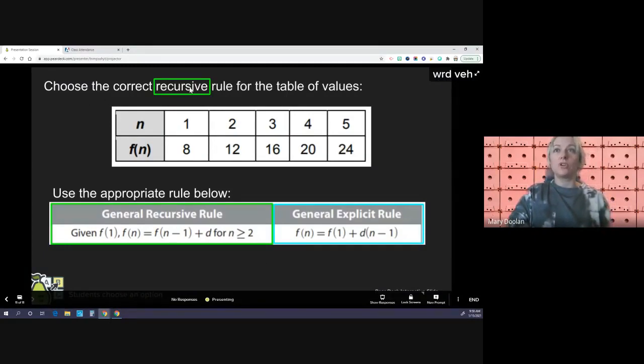Choose the correct recursive rule. Same table of values. We already know f of 1 is 8. We already know the common difference, little d, is 4. Now we're doing the recursive rule. This is the recursive rule. Which one of those shows this? With f of 1 equals 8, and it shows adding the correct common difference of 4.